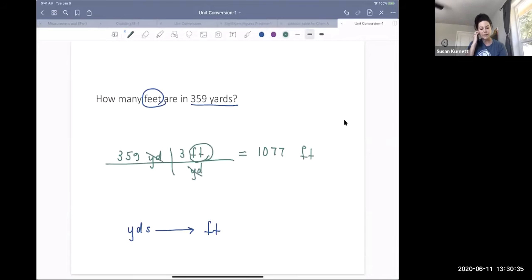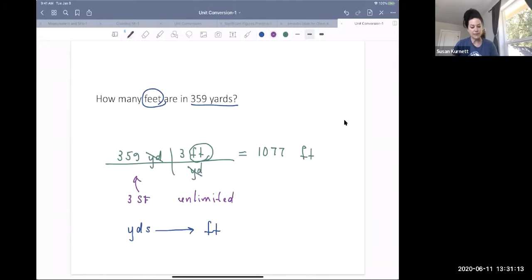How many sig figs should I have? This has unlimited because it's exact. Exact means there's no uncertainty. So our answer is going to have 3. 1, 2, 3. Look to the right, and round.